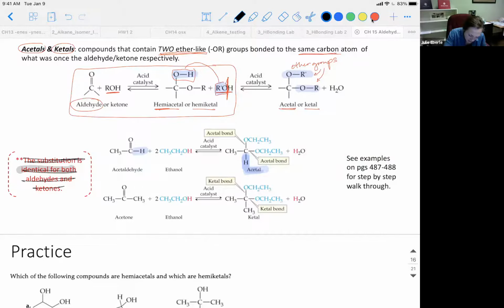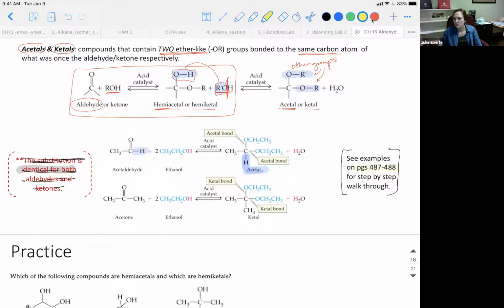Okay, I wanted to mention this. I didn't have space on this slide, but I really encourage you to go review pages 487 and 488 in the textbook, and they'll walk you through these reactions step by step. Now, I'm not going to ask you to draw me a whole reaction for forming an acetal or a ketal.